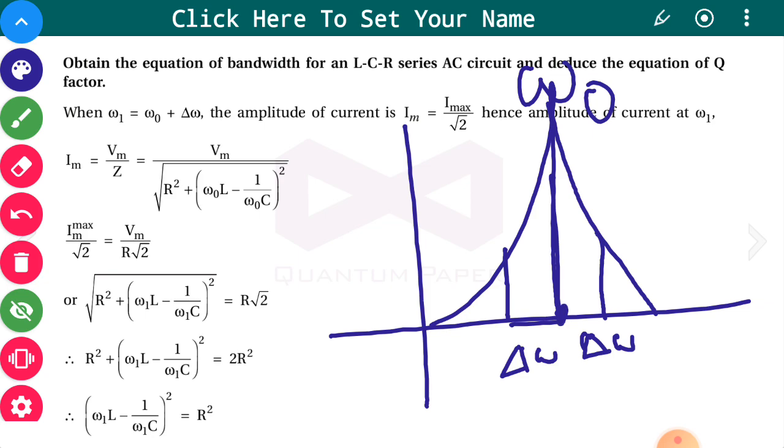So between omega 0 minus delta omega and omega 0 plus delta omega, you will be able to listen to that particular station in this range. So delta omega this side and delta omega this side, twice the delta omega will become the bandwidth. This is to understand the meaning of bandwidth.